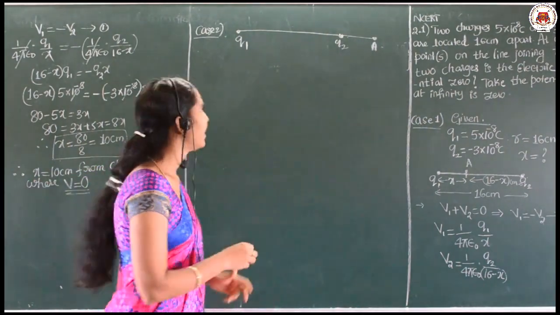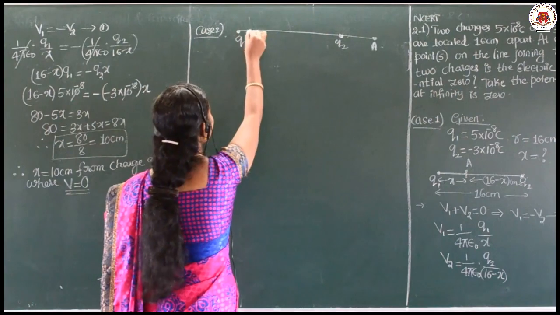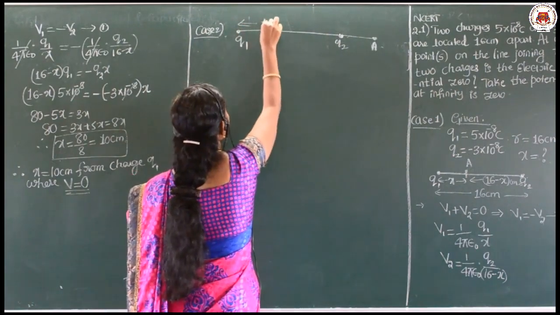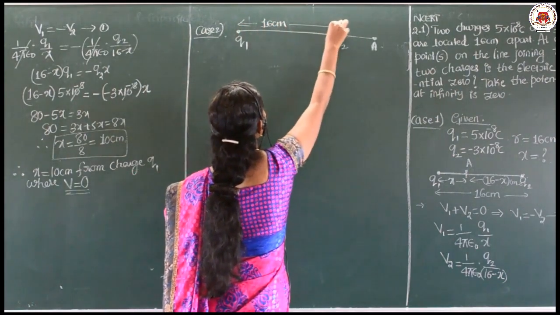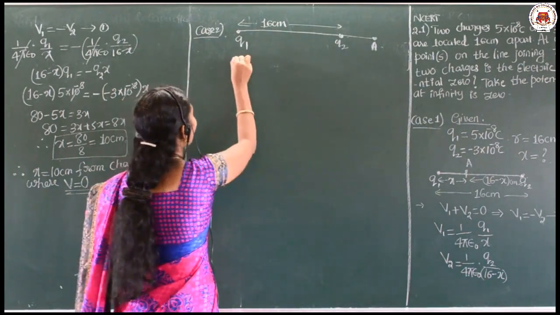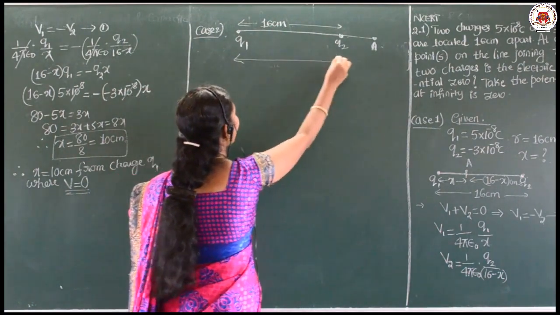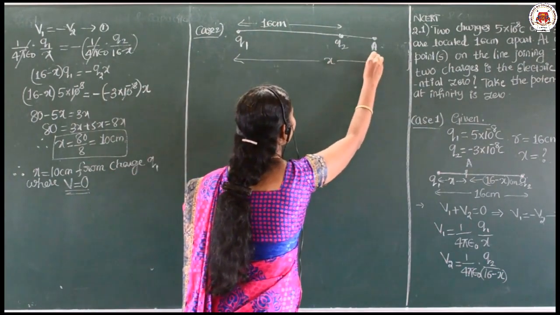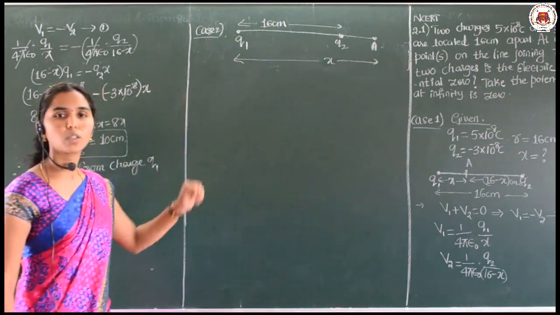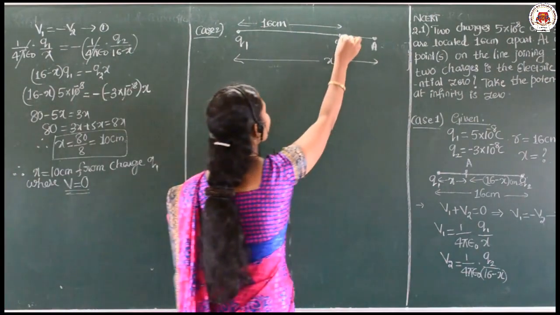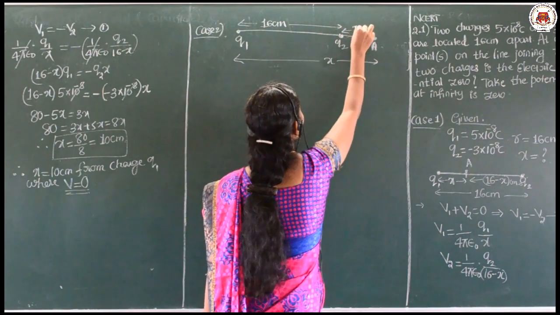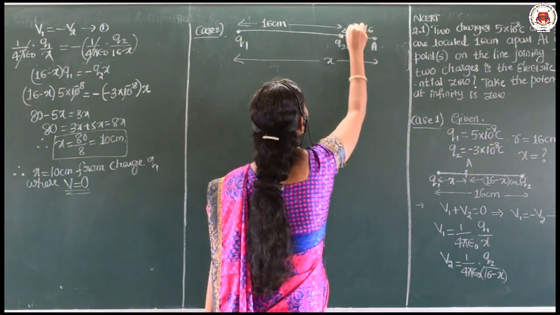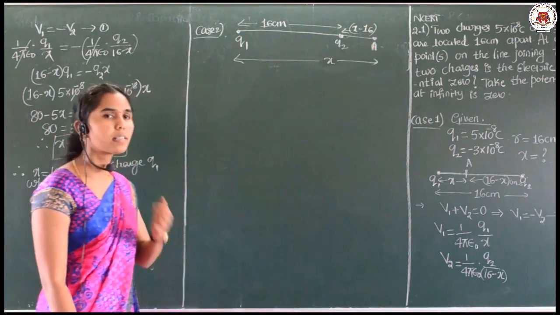Okay. Then same as before, both the charges are separated by 16 centimeter distance, and now I take the point A at a distance x from the charge q1. Then can you tell me what the remaining distance is? It is x minus 16, right.